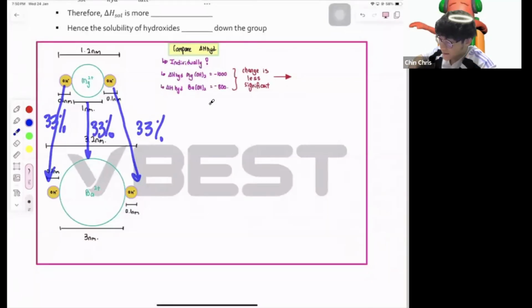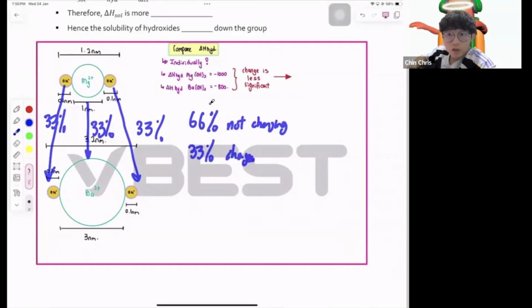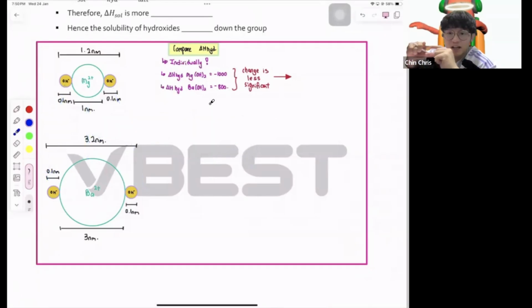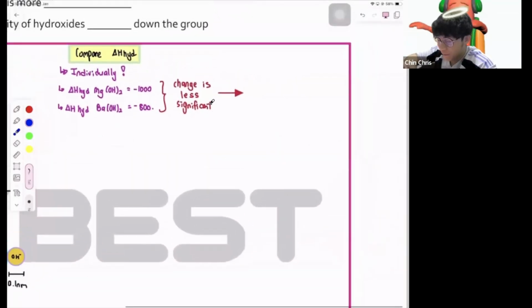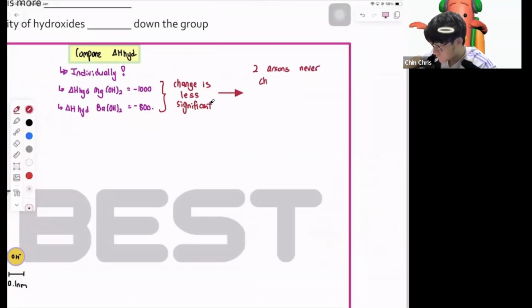So you see that 66% is not changing, and 33% changes. So out of this entire compound, it's just 33% that changes, which is why it's less significant. Because you have two anions that never change, which makes about 67% unchanged.